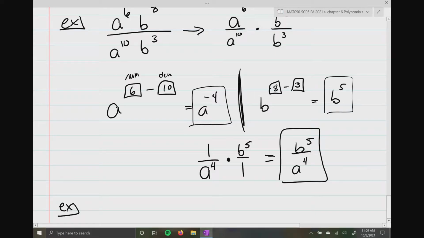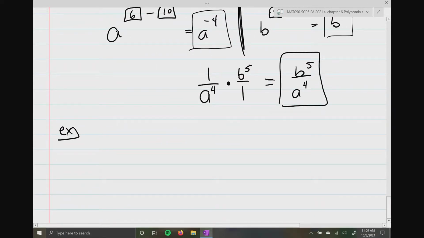All right. So let's do another one very, very similar to this. X to the 9th times y to the 3rd, z to the 4th, all over x to the, let's say, 7th, y to the 8th, and we'll just write a z.